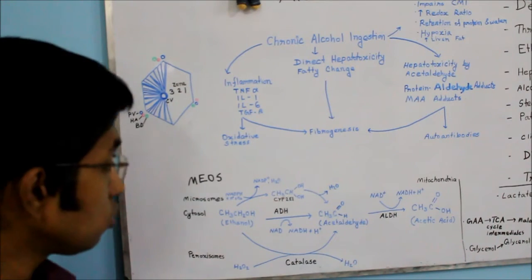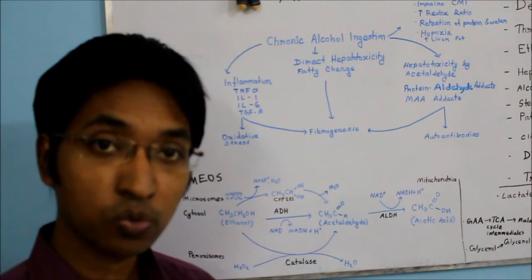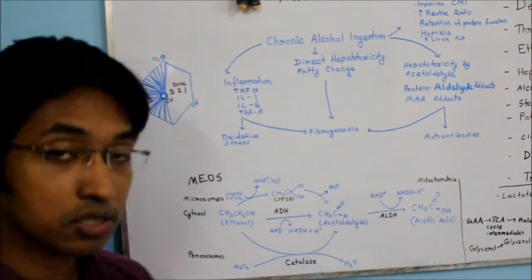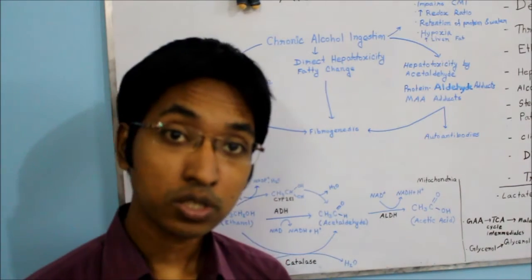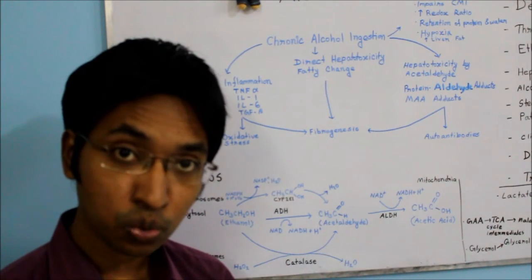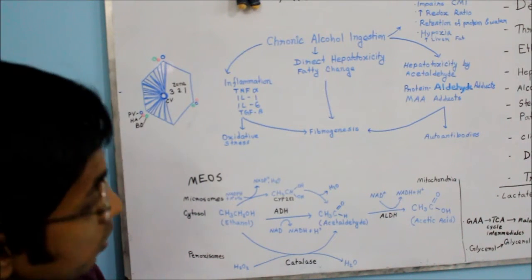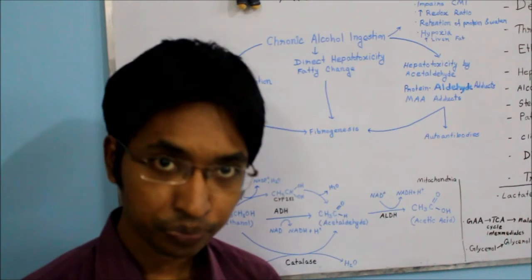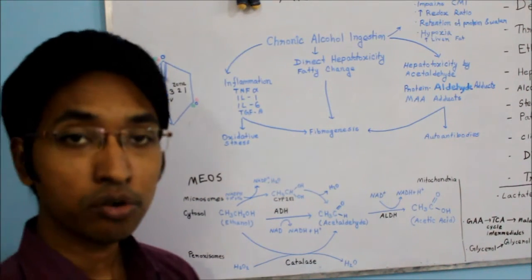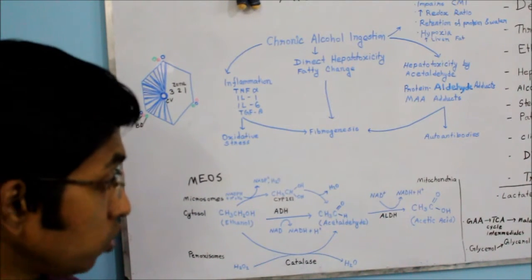During that metabolism, we also saw that there was generation of free radicals and reactive oxygen species, and those things will damage the membrane and also the proteins inside the liver cell, and that will also result in liver injury.